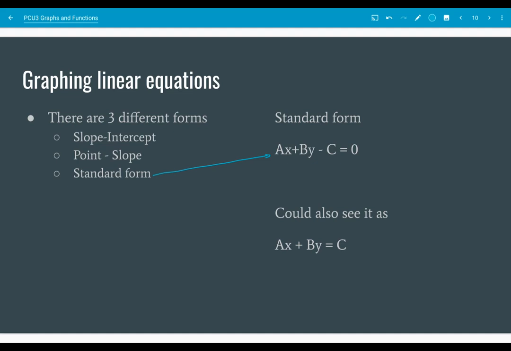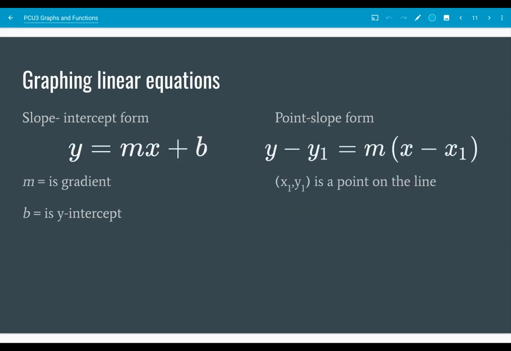Then we have point slope form and slope intercept form. They are derivatives of each other, and they are the 2 most useful forms of linear equations that you need to memorize. I'm going to start with point slope form because that is one of my favorites.